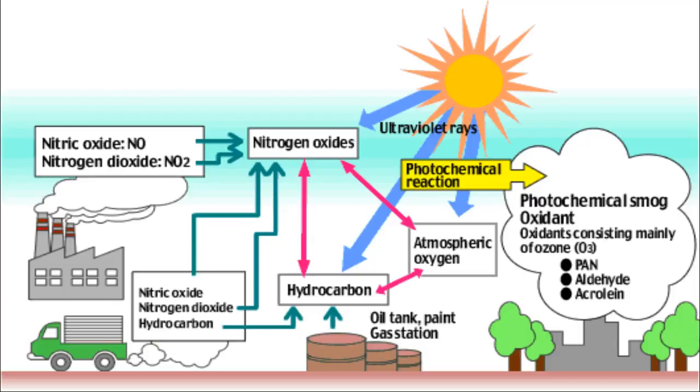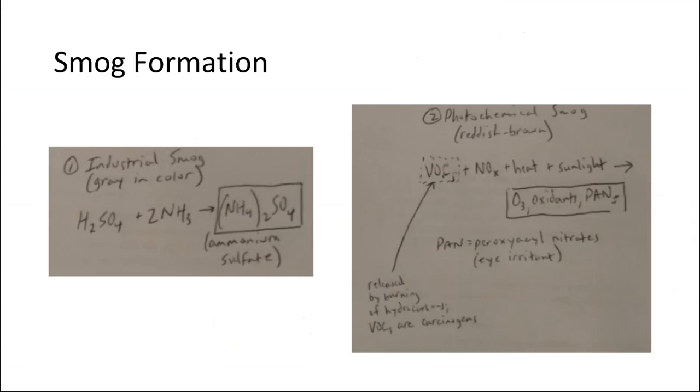We'll talk more about it when we get to the chemical reaction. So we talked about the industrial smog and the photochemical smog on the left. Here is the industrial smog that's gray. It's a result of sulfuric acid.